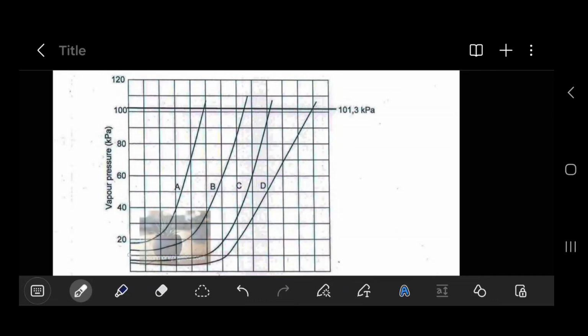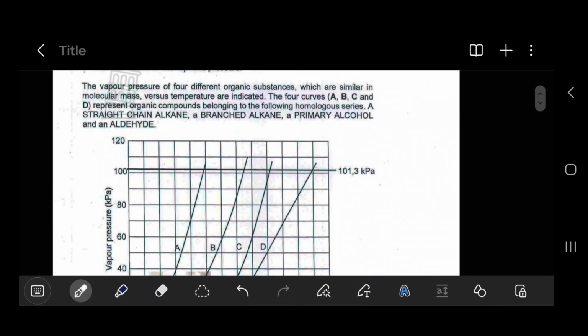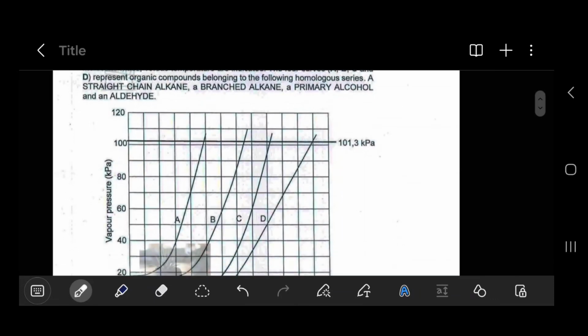Then B has a lower vapor pressure. And remember how this relates to boiling point is that it is the opposite. Since A has the highest vapor pressure, it means that it actually has the lowest boiling point out of all these compounds. So A is actually expected to be the branched alkane. A is the branched alkane, and B would be the straight chain alkane.